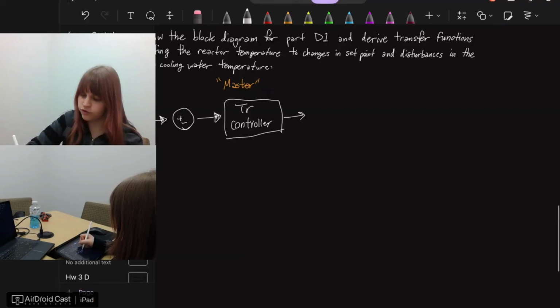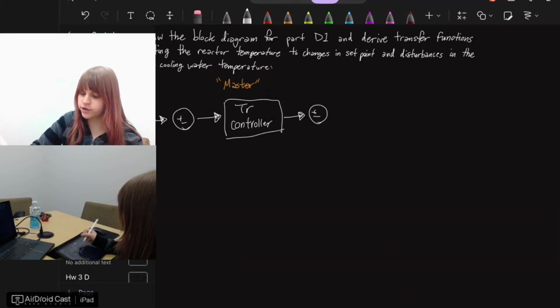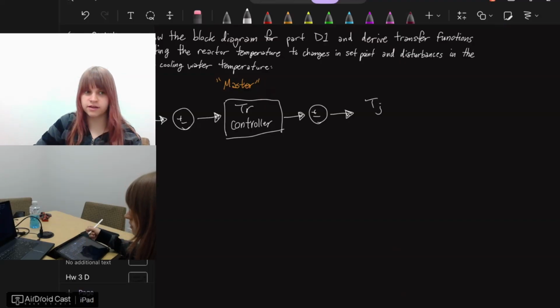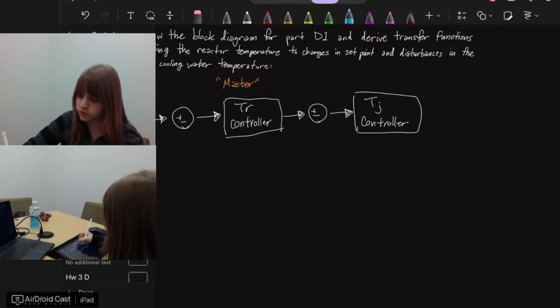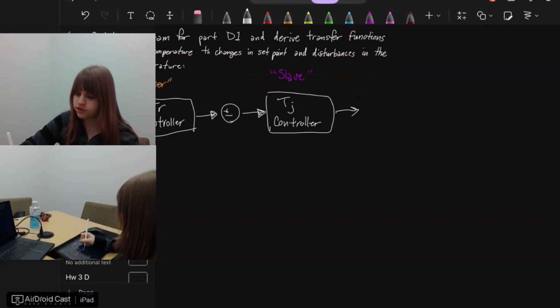Going into another controller, into a jacket temperature controller, which would be the slave controller, or the secondary controller. This goes into our jacket.